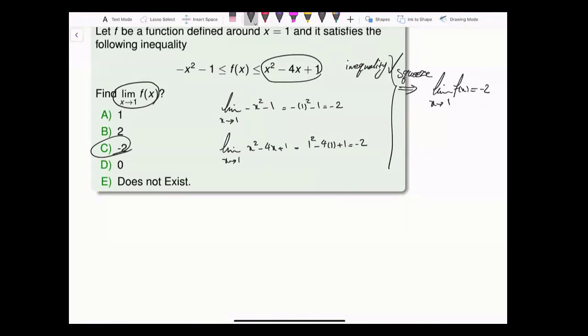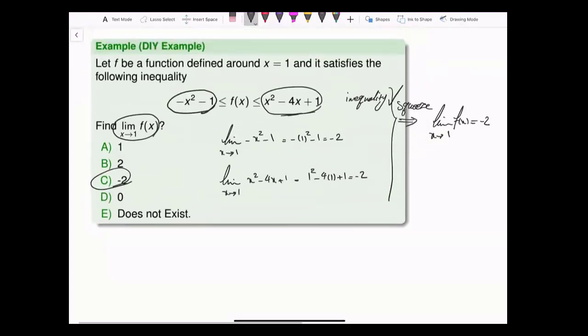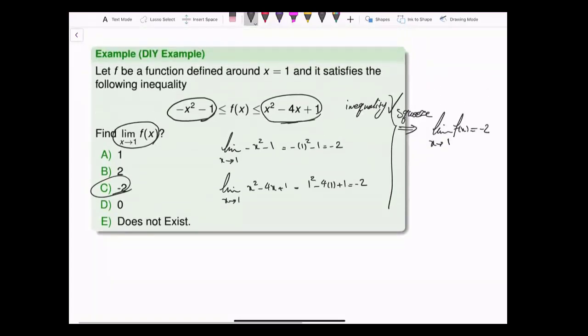When you apply the squeeze theorem after the inequality, you find the limit of the lower function and the limit of the upper function, forget the middle one. If they are equal, then the squeeze theorem will give you the limit of the middle one. Is that good? I think that's about it. I'm answering the last one.